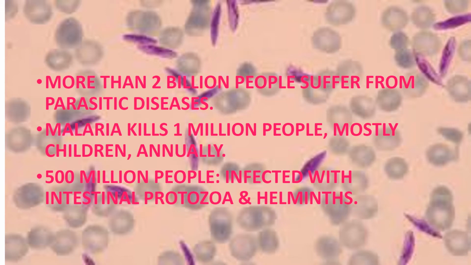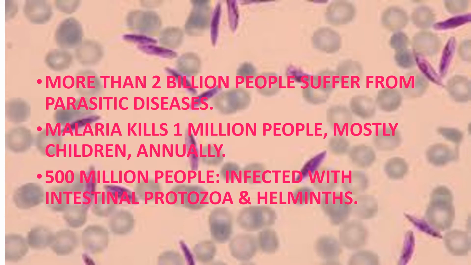Although these infections are most common in underdeveloped countries, parasitic diseases also affect millions of people in the United States. Over 1 million new cases of trichomoniasis are reported annually in the United States, and 60 million people are infected with Trypanosoma cruzi.